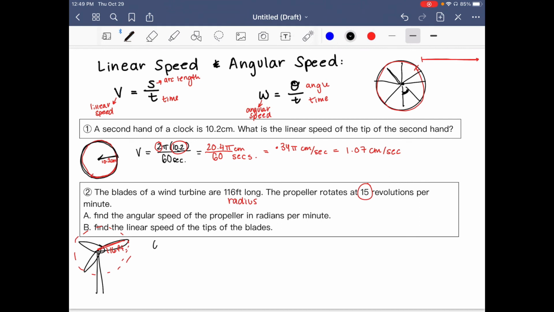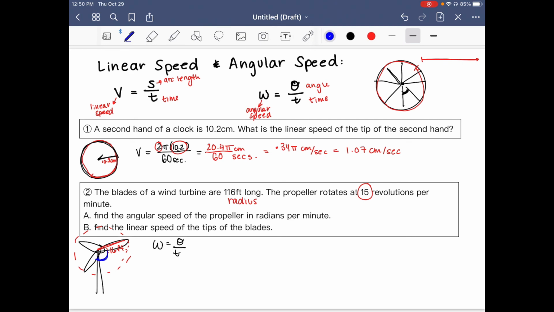They're asking us for the angular speed, which we know is some angle over time. Originally, you might think to look at our angle here, but we're not talking about that. They didn't specify that there are 3 or 4 or 1 or 2 blades on these propellers. We're just using the information they've given us, 15 revolutions per minute.